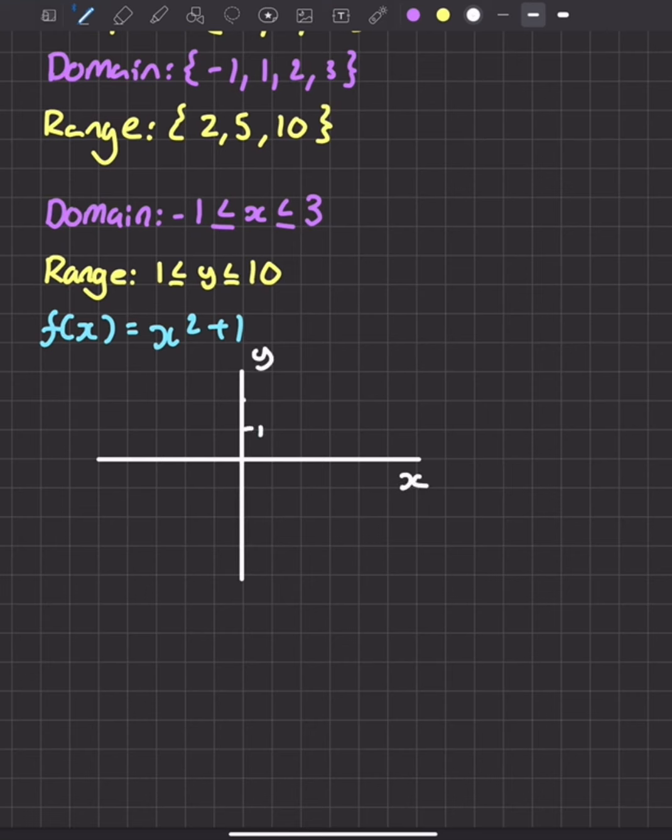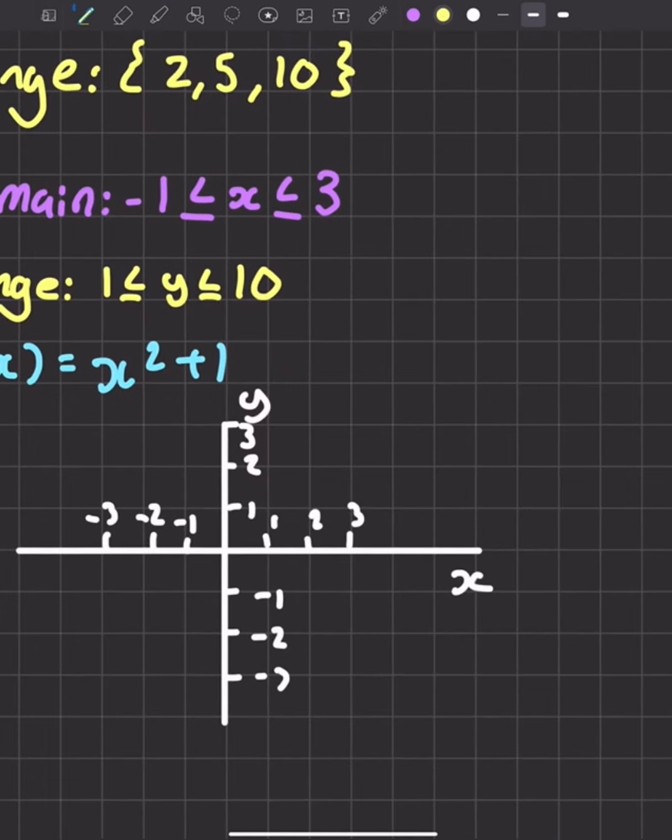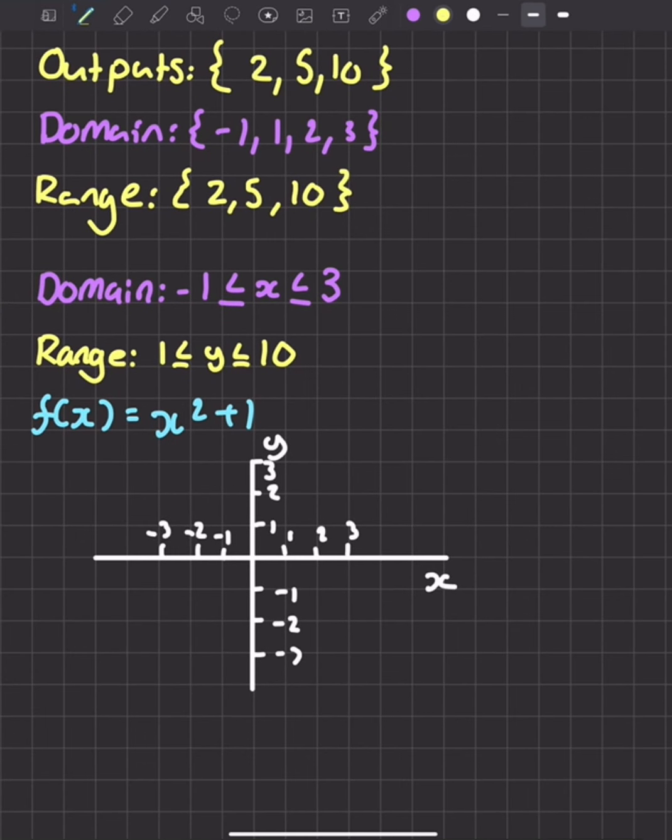This is y equals 1, y equals 2, y equals 3, x equals 1, 2, 3, minus 1, minus 2, minus 3, and so on. So you're probably already familiar with this form of representation, the graphs. So now what you do is you take your data and you put it into the graph.